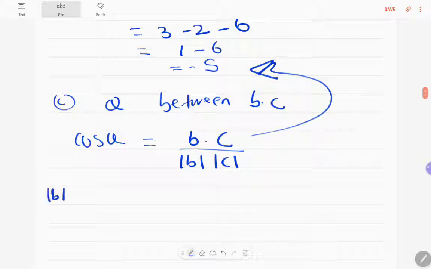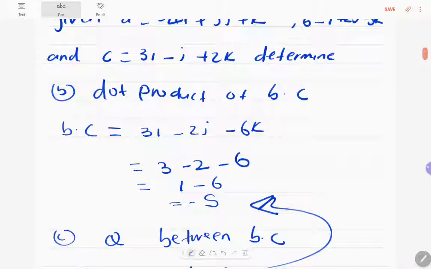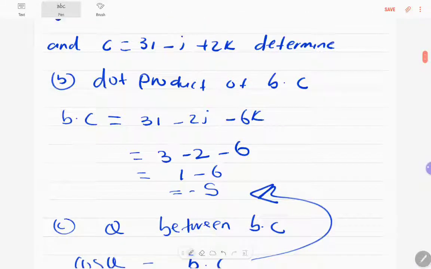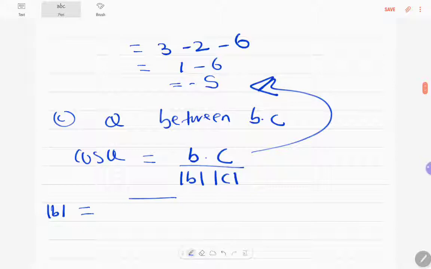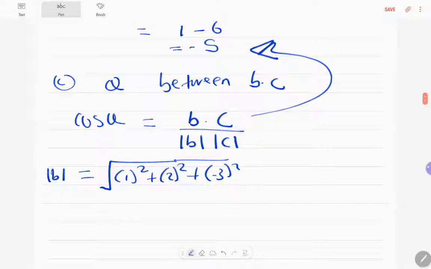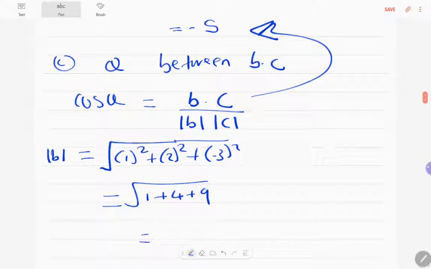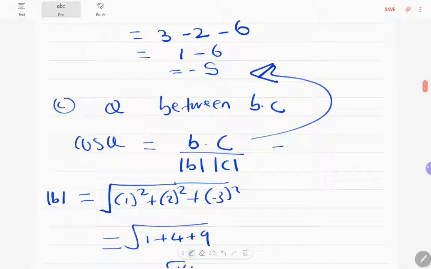That means we only have to find the magnitude of B and the magnitude of C. The magnitude of B is the root of 1 squared, 2 squared, plus minus 3 squared. It is 1 plus 4 plus 9, which is the root of 14. So here we have minus 5.